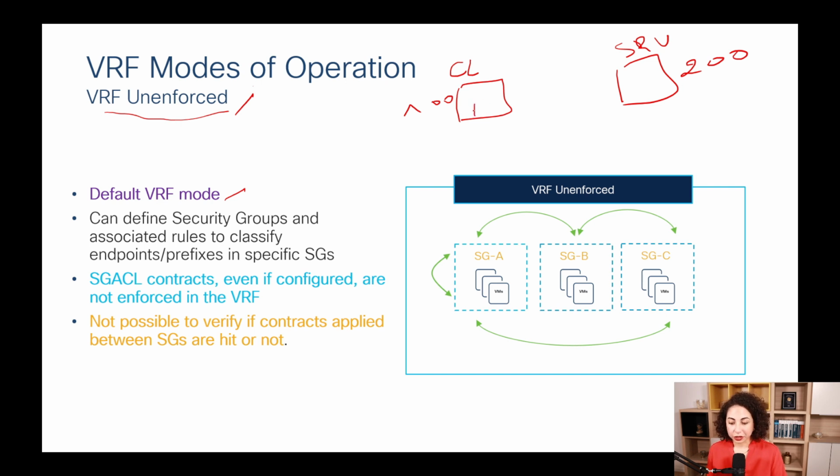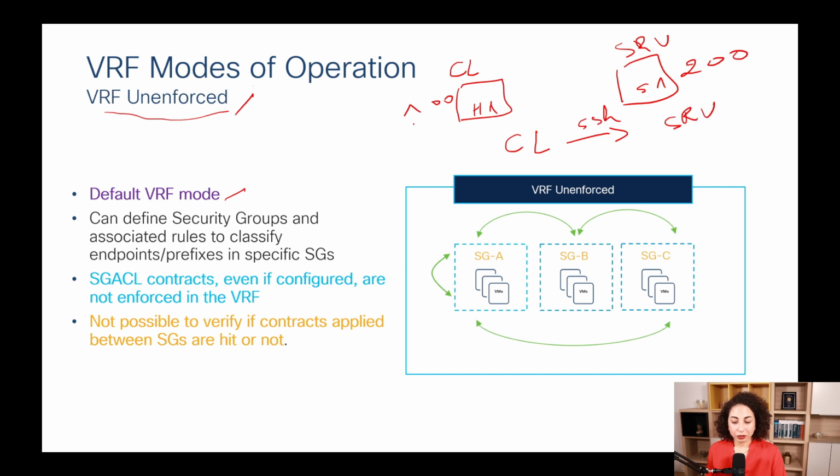So we are putting our host 1 into the security group clients, and our server 1 into our security group servers. We are even creating the policies/contracts to say how we want our clients and servers to communicate. For example, we are positioning a contract that says that clients can only speak SSH towards servers.